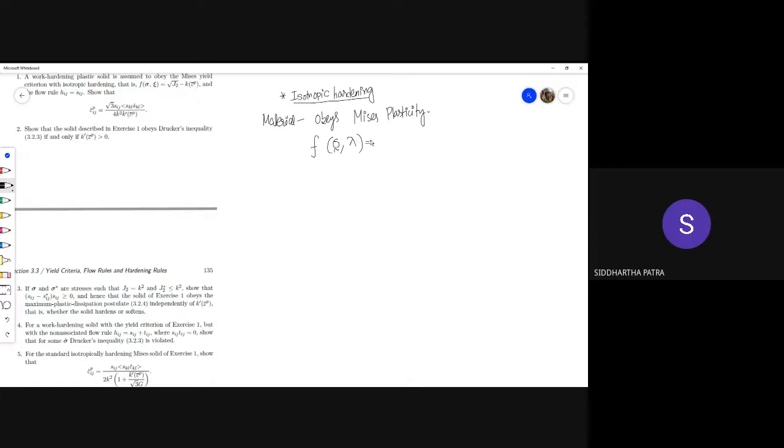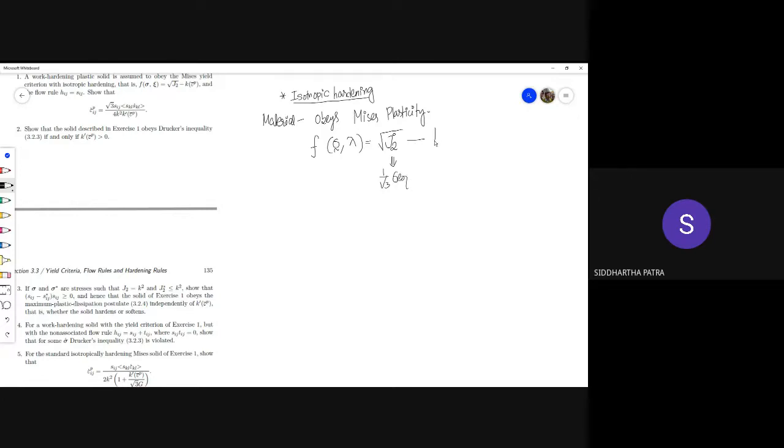Of course, we are talking about everything in relation to plastic strain. So there you have square root of J2. If you recall, this is essentially 1 by root 3 sigma equivalent in von Mises plasticity.